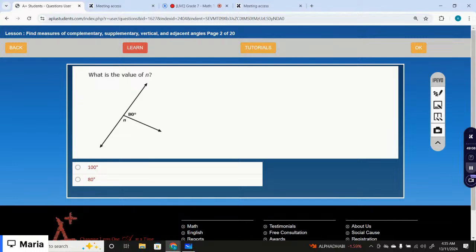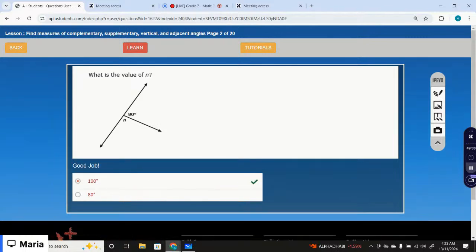What is the value of angle N? That is 100 degrees.